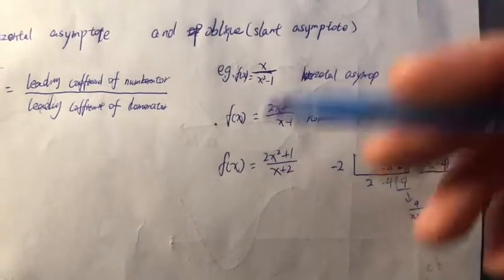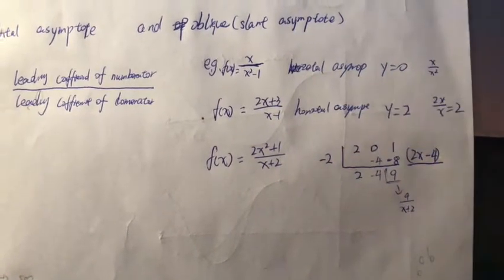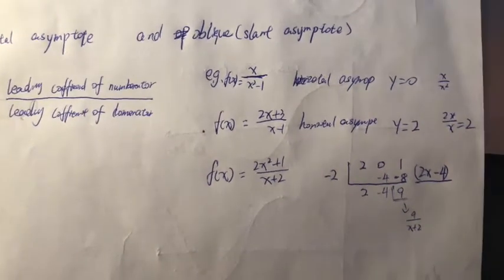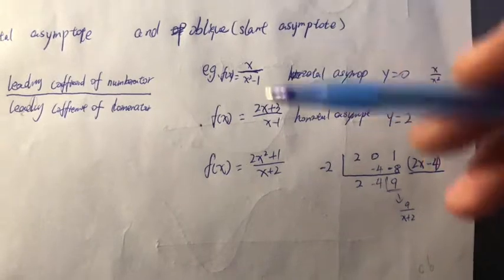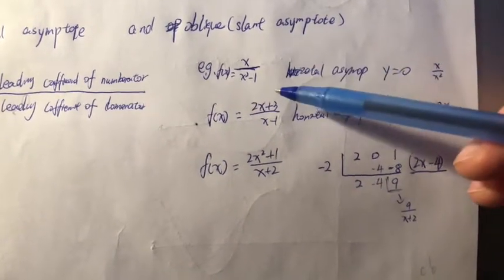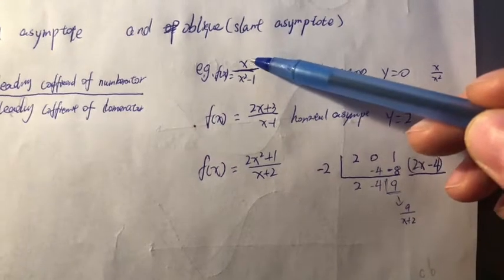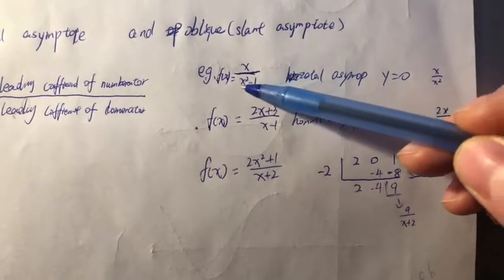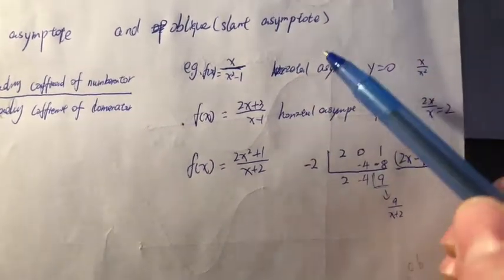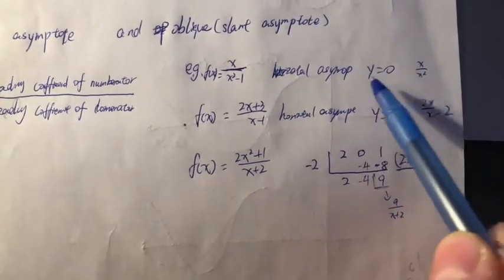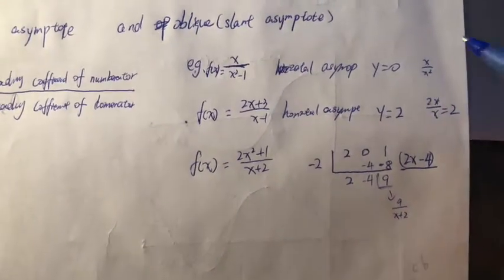Some people say to look at the degree, but I feel you need to memorize a lot, so let's just use an example. In this one, the numerator has degree 1 and the denominator has degree 2. You can't divide it, so you get a horizontal asymptote, because y is going to be 0.